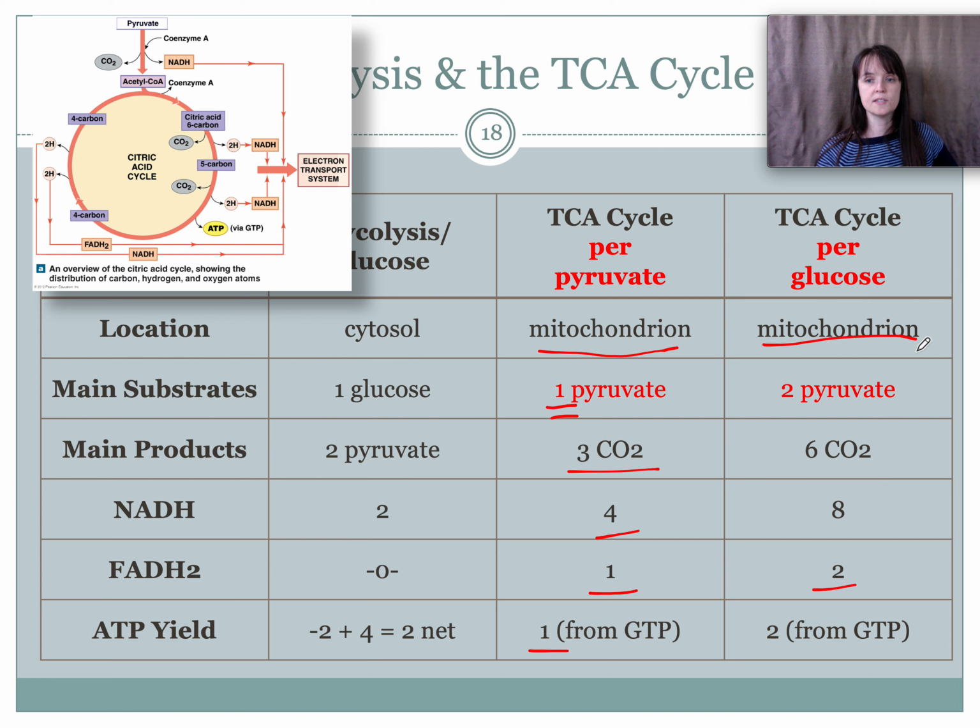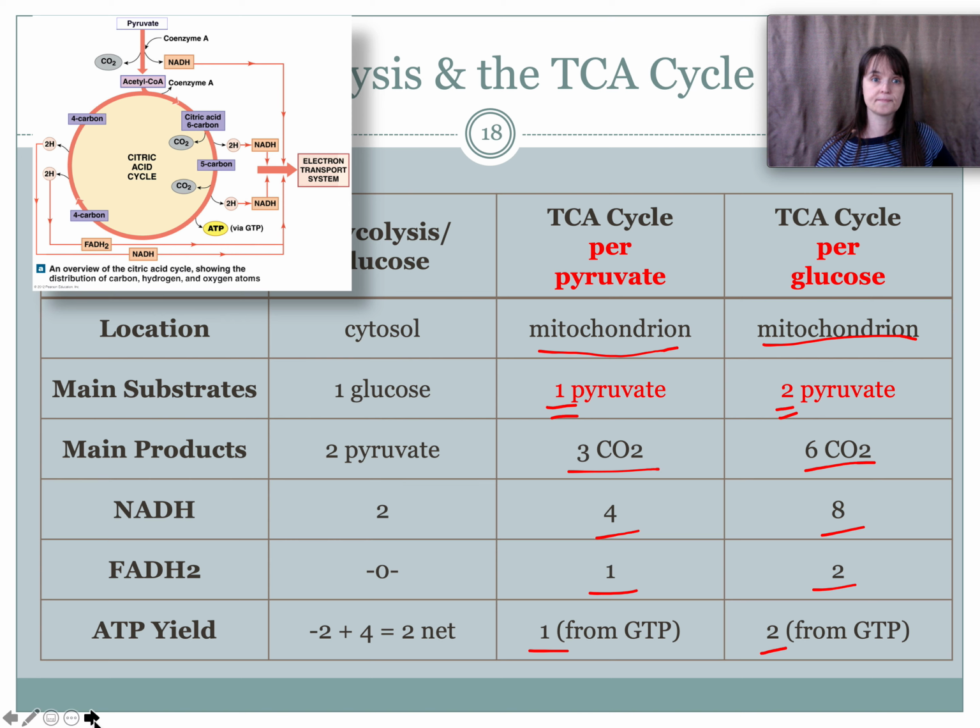So location is still the mitochondrion, but now our substrates are 2 pyruvate. We're going to make twice as much carbon dioxide, twice as much NADH, twice as much FADH2, and twice as much ATP from GTP. So 6 carbon dioxide, 8 NADH, 2 FADH2, and 2 ATP from GTP.